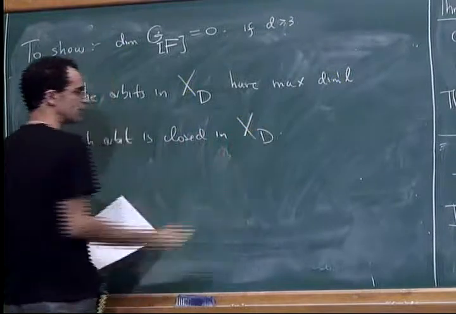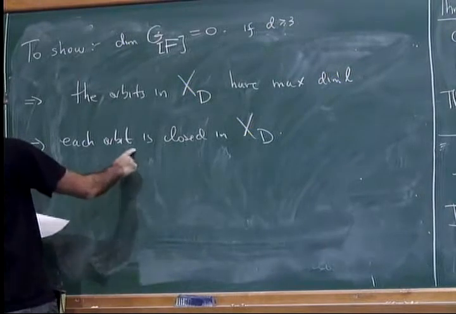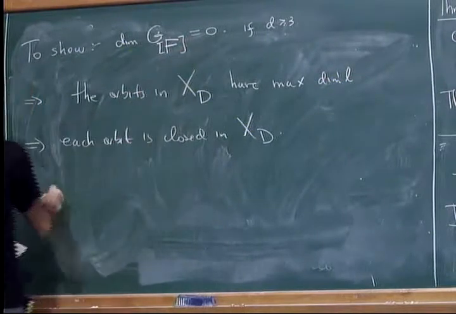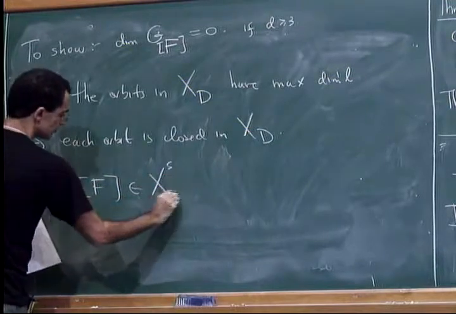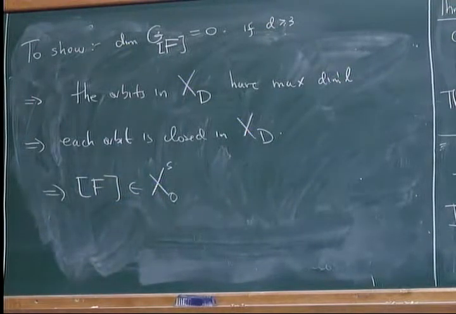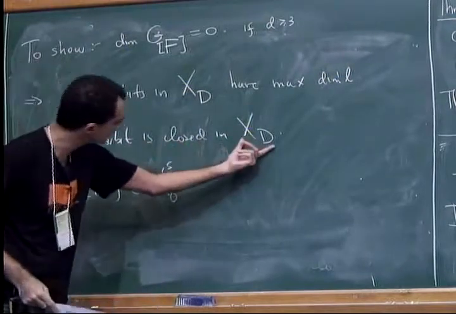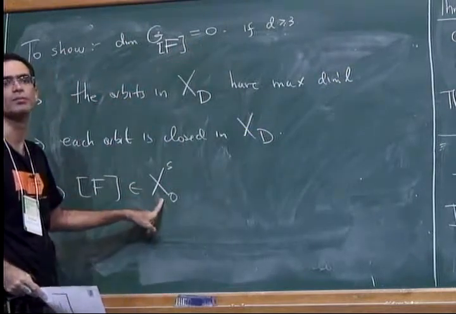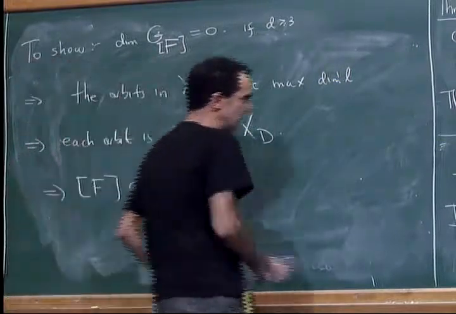That's the same argument as before. If there was something in the boundary, the orbit would have smaller dimension. So the orbits are closed in here, and the stabilizer is 0. That tells you that f is properly stable. So it's that proposition, again, used in this weaker form. That is, if the orbit is closed in this principal open subset, and the stabilizer dimension is 0, then you have a properly stable point. Okay? So it's just a matter of looking at the stabilizer.